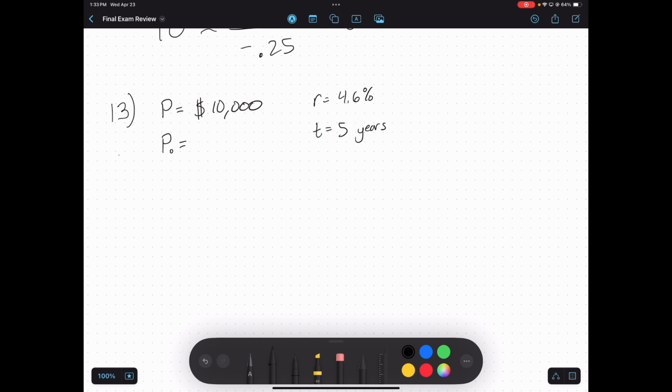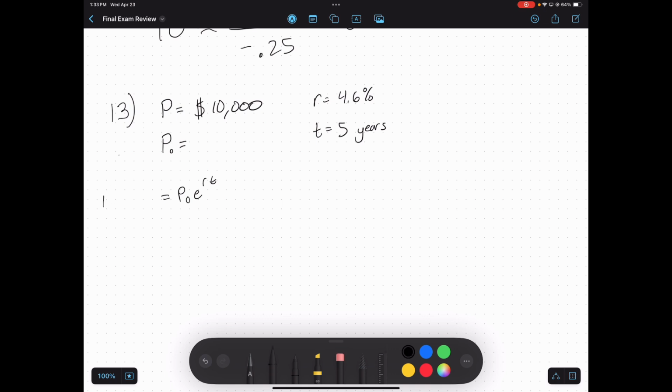So if you remember, there are 2 different ways I can set this up. First of all, I can just set this up using my basic exponential equation. But where is that 10,000 going to go? My basic equation is just this for continuous exponential growth. Where does that 10,000 go? On the other side of the equal sign, right?